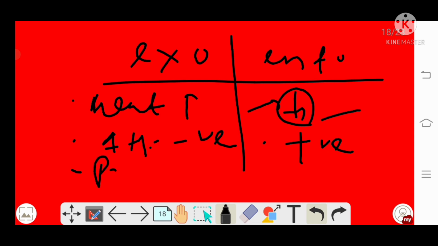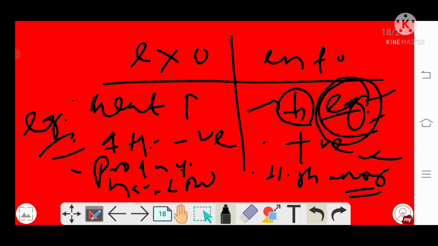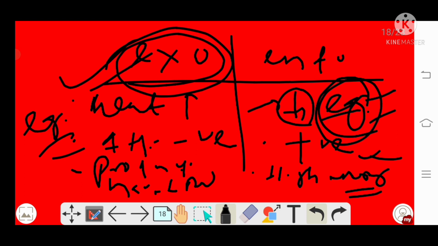Products have low energy, products have high energy than that of the reactant. Then examples. It is very important, the difference between exothermic reaction and endothermic reaction.